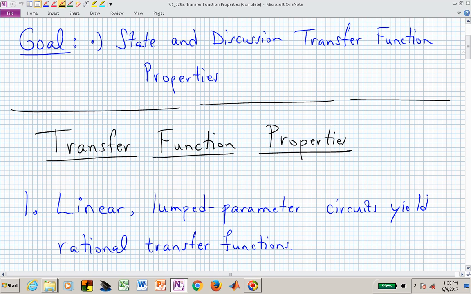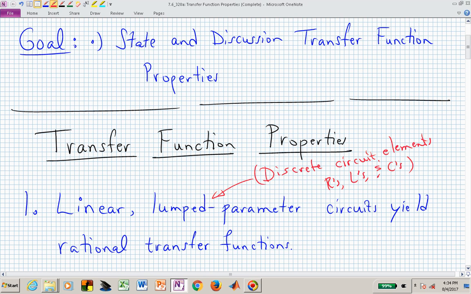And the first is that in our particular class, we're dealing with linear, time-invariant circuits. We have lumped parameters. By that, I mean that we have discrete circuit elements, or we have R's, L's, and C's that are lumped into a single element, one for one resistor, another for a second resistor, etc. That's what I mean by lumped parameter circuits.